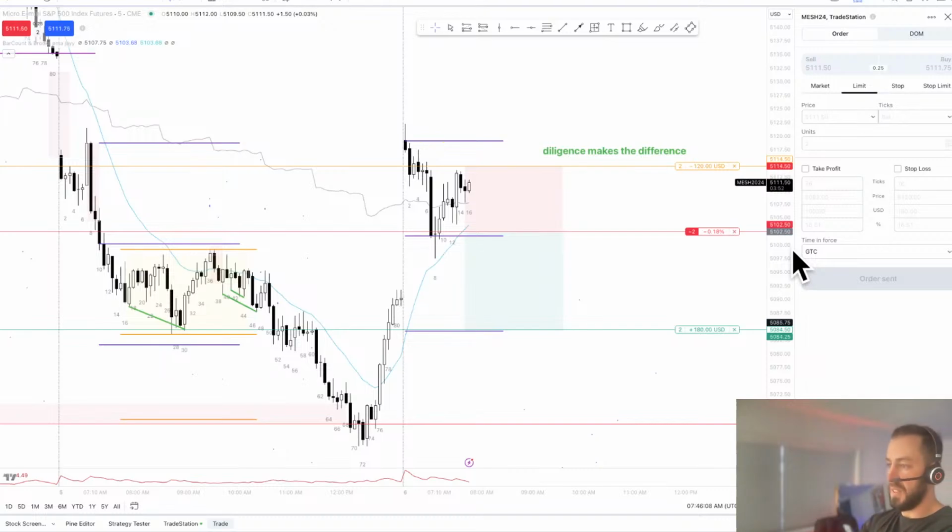The rule of thumb is the market will usually do what it's been doing. So if the market's been ranging, it'll tend to range.